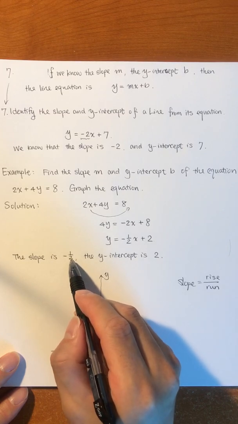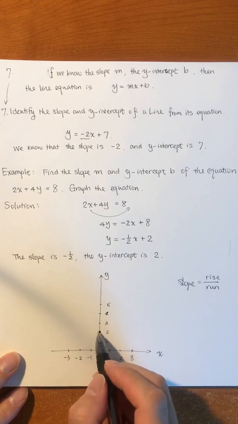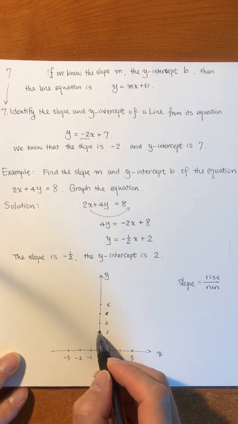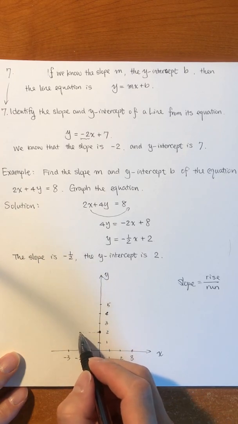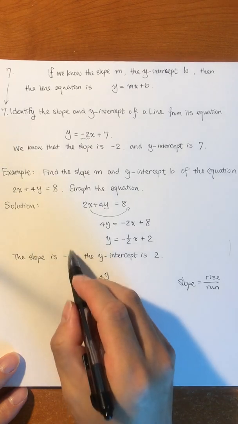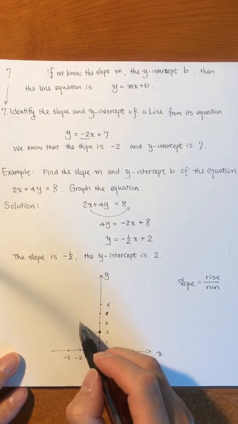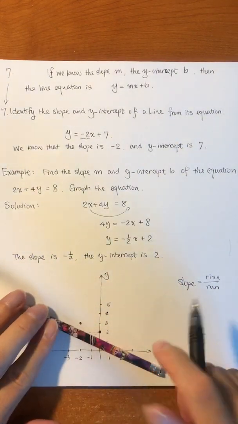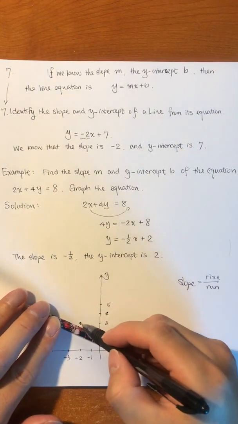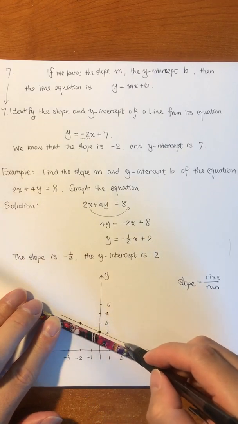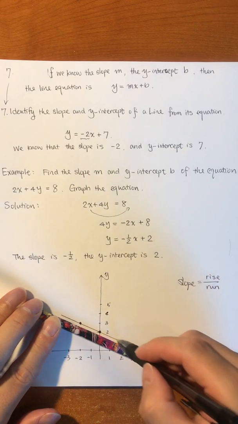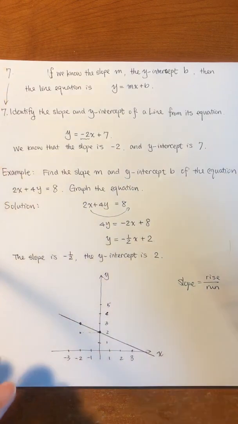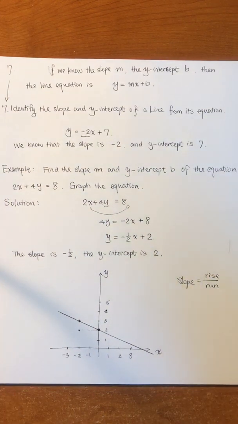So run is 2. So you start from here, you move to the left 2 units. 1 and 2. And the rise is 1, so you move up 1 unit. And then you use a ruler. So this is going to be the line equation.